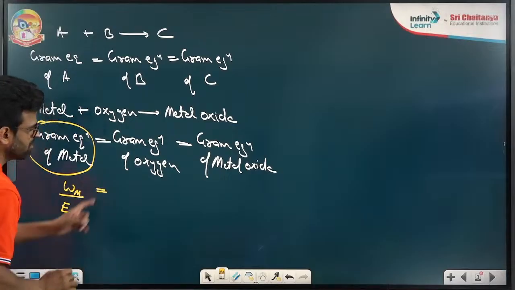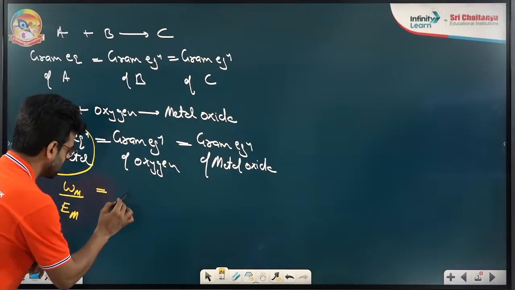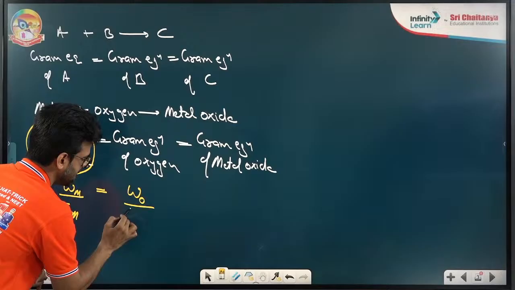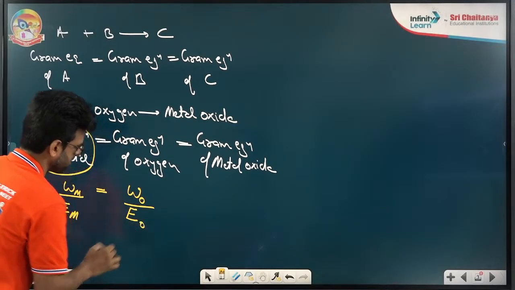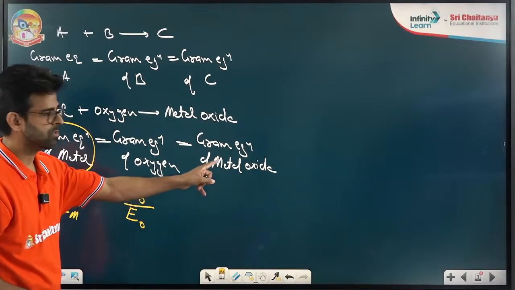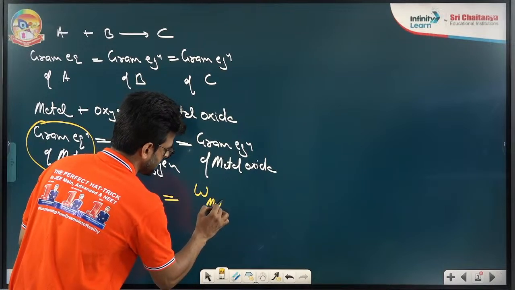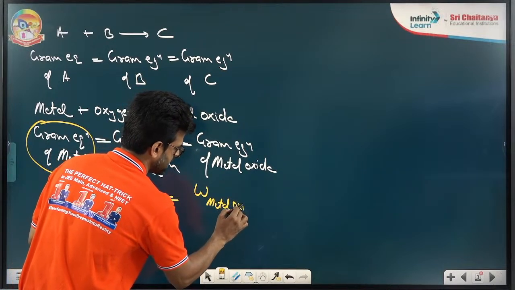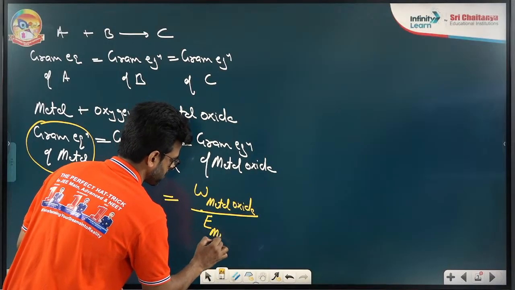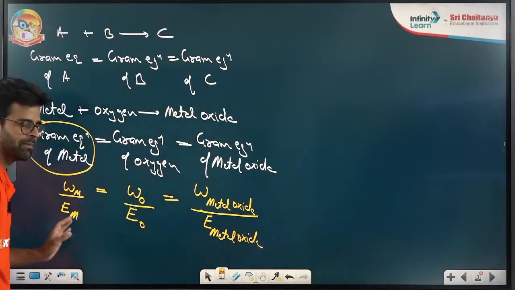The gram equivalent of oxygen is the weight of oxygen given divided by the equivalent weight of oxygen. Clear? I can apply this method here also, the same way: the weight of metal oxide divided by the equivalent weight of metal oxide. This is the law of gram equivalence.